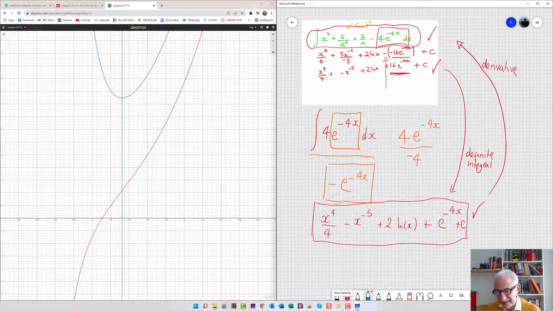If you take this function and differentiate it, you get back to the original function up here. So the antiderivative, what we call the indefinite integral, is balanced by going the other way to give our derivative.